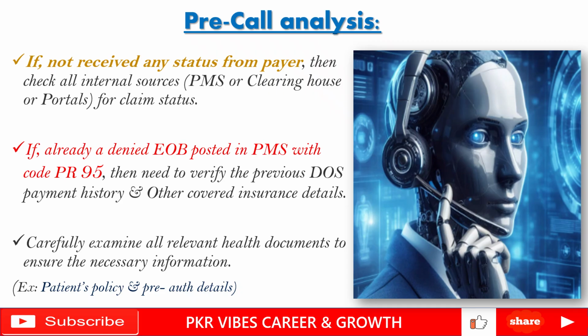Sometimes pre-authorization details, for example pre-certification, is required. They say PR95, but in the remark code they tell a different scenario. So we have to understand that carefully and examine all relevant health documents to find the exact reason for the denial. We should verify patient policy documents or details carefully.